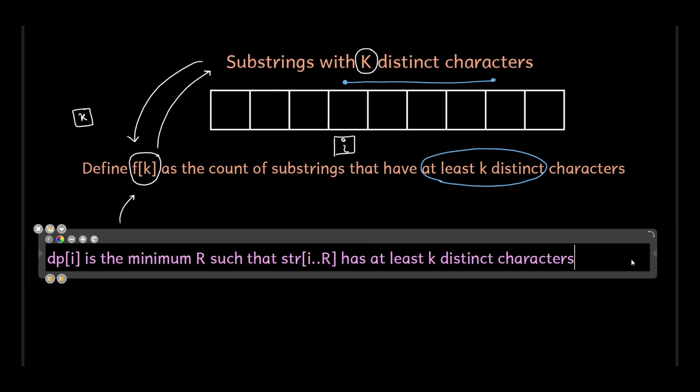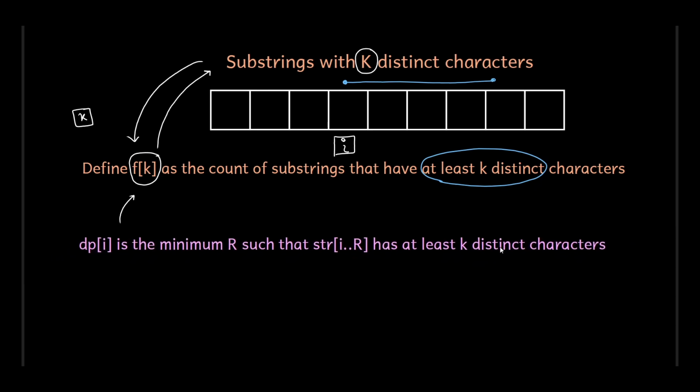You are looking for the minimum window that satisfies this condition, because if you are starting from here, and this is the minimum window that contains k distinct characters, then if you are evaluating this subarray, of course it will not contribute to the answer because it doesn't have at least k distinct characters. So the arrays that you are creating can only be towards the right of it.